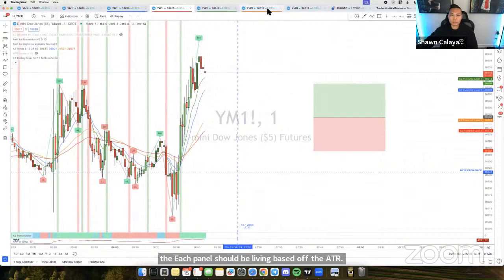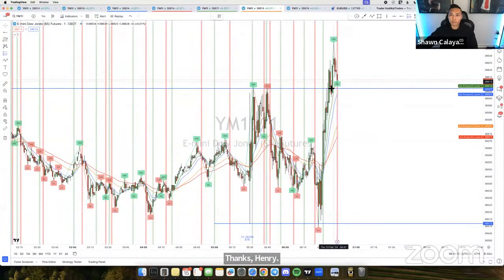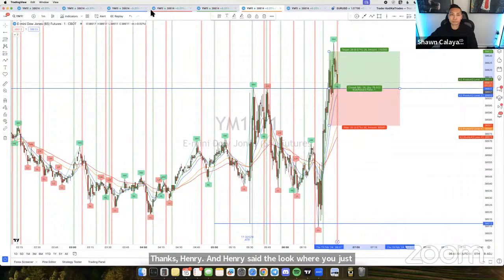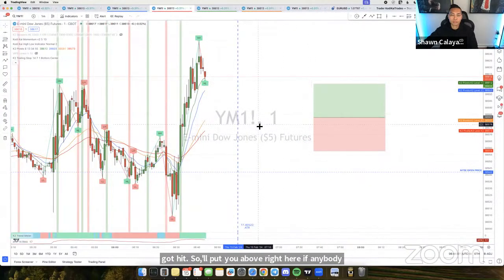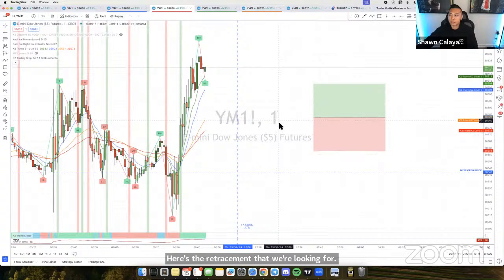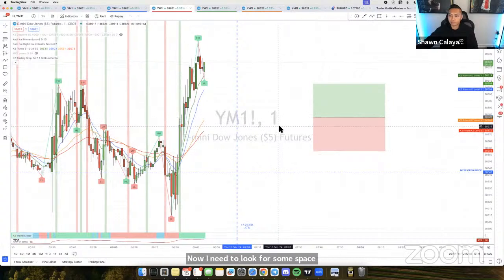Thanks, Henry. Yeah, Henry said the liquidity just got hit. So liquidity above right here, if anybody caught it, just got hit. All right, we're getting the retracement right here. Here's the retracement that we were looking for. Now I need to look for some space and then continuation right there.